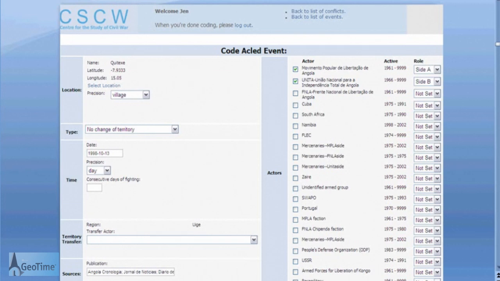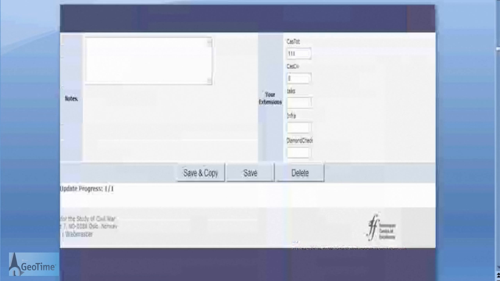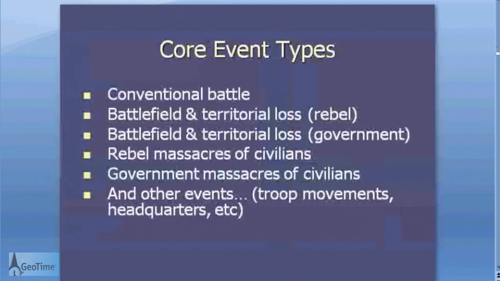Side A meant that you were fighting on the side of the government, and side B meant that you were fighting on the side of the rebels. I also coded the number of total casualties, the number of civilian casualties, and a number of other things.